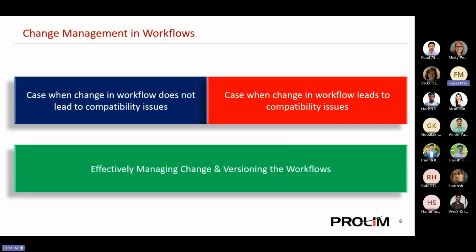There was a use case in our application where we had created a workflow which had three levels of approval, and the application was live and the users were using it. But after that, the users wanted some change in the workflow. They added some extra tasks, or they removed one task.